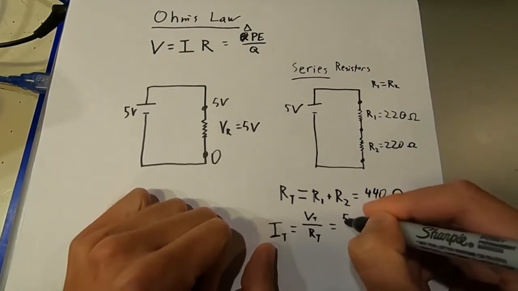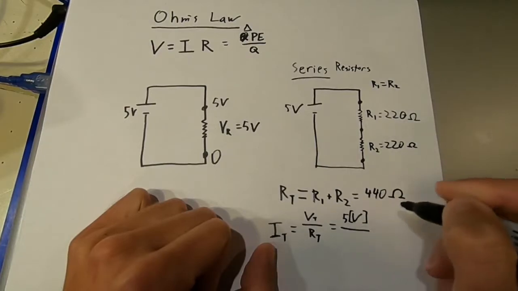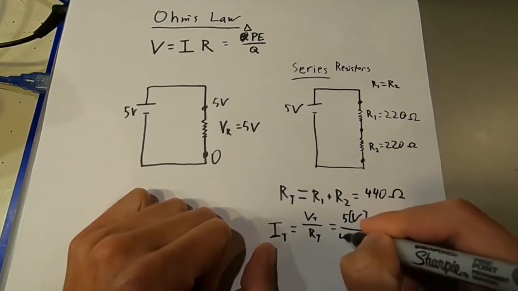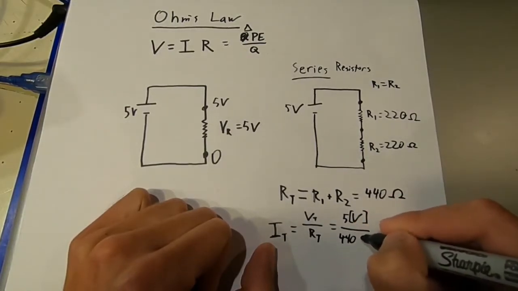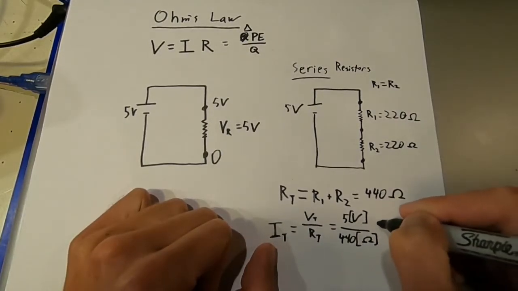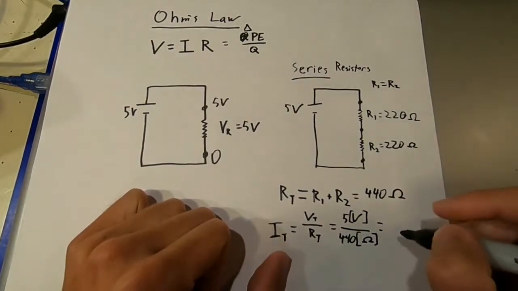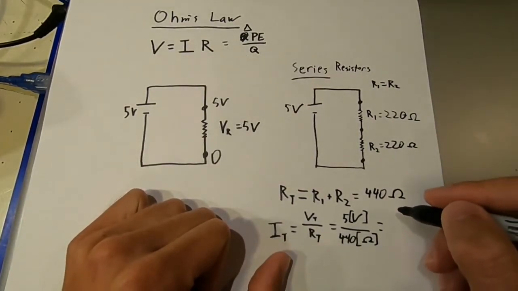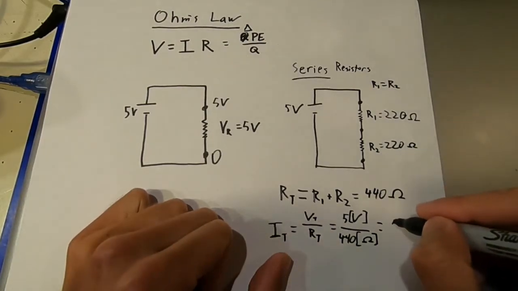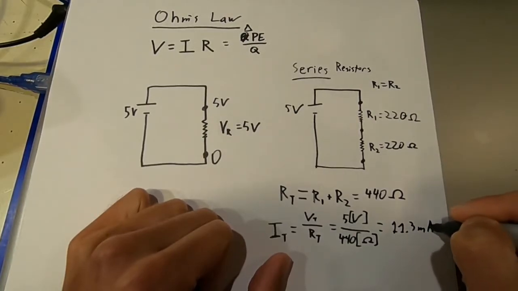So that's going to be equal to our 5 volts divided by our 440 ohms, which is going to be equal to approximately 11.3 milliamperes.